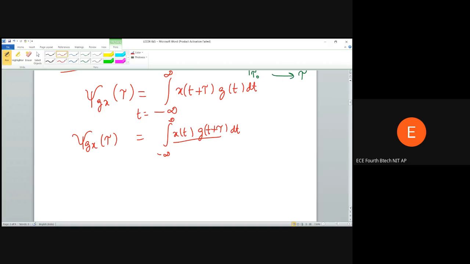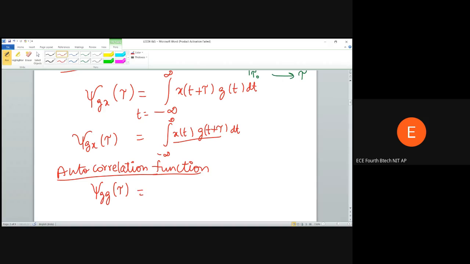Now, if I make x of t and g of t both the same, then you will have the function psi g of tau, which is called the autocorrelation function. So what is the benefit of this autocorrelation function? And of course, what is this autocorrelation function? First, we will try to find out.